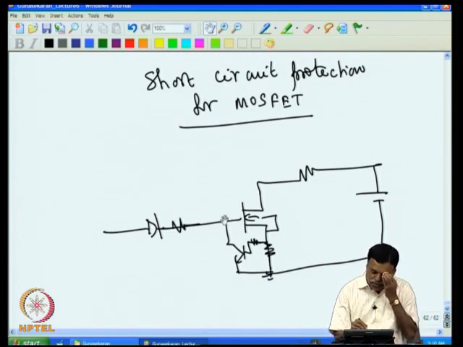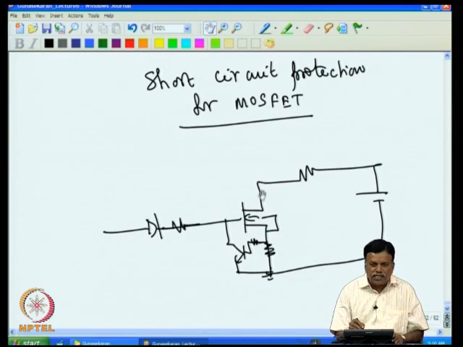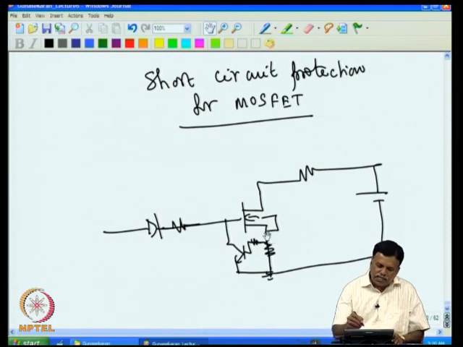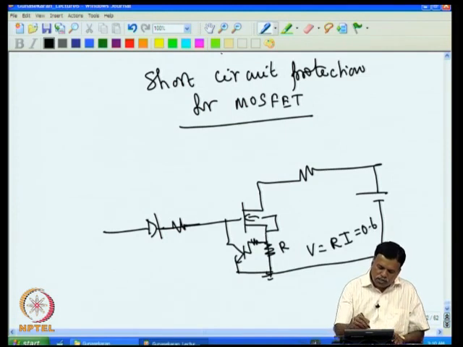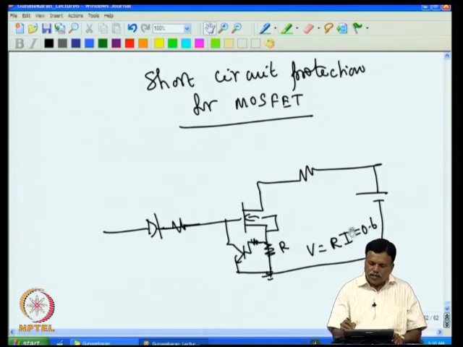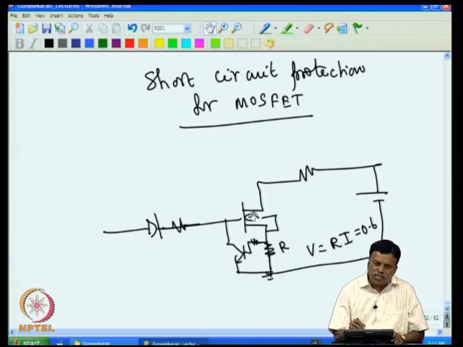Once the gate voltage comes down, the MOSFET will enter into a linear region, that is, it will be neither fully on nor off, but nevertheless current will be limited by this, because here it is R, so the voltage across this will be R into I. That has to be only 0.6, because this voltage cannot go more than 0.6. So depending upon this resistance value, that much current will go, and the MOSFET resistance will be adjusted to make sure that only that much current flows.